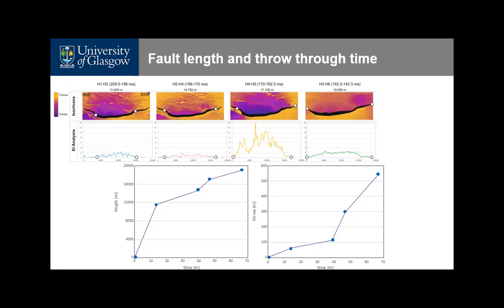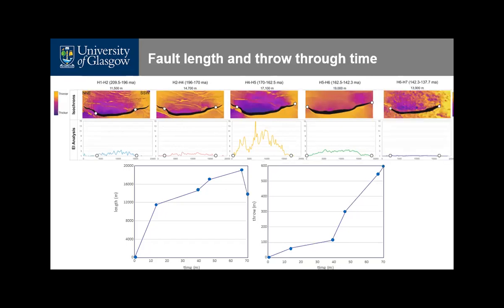It lengthens slightly between the next horizons. And then here at the end, the fault actually decreases in length, which is something that I saw quite a lot across the study area and in other study areas as I've been looking at more normal faults, where the tips of the fault become inactive as the area is winding down tectonically.